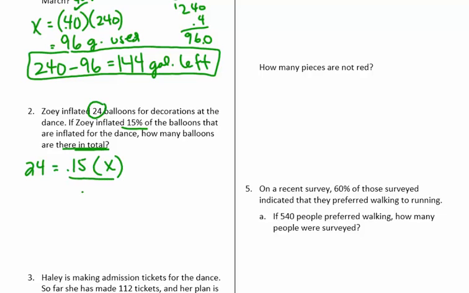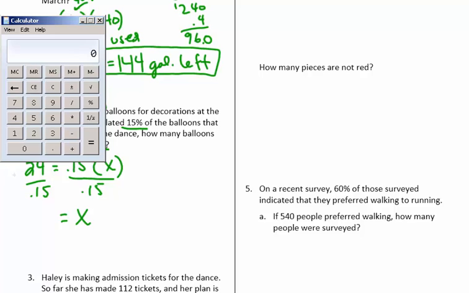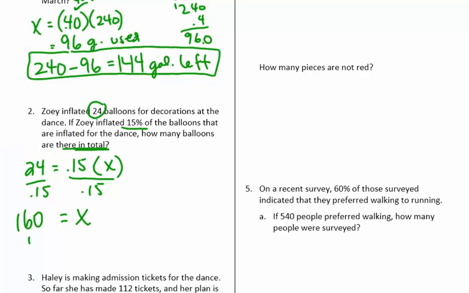I would divide both sides by 0.15. And I should have brought my calculator with me, so if you don't mind me, 1 second, 24 divided by 0.15, and 160 balloons are the total.